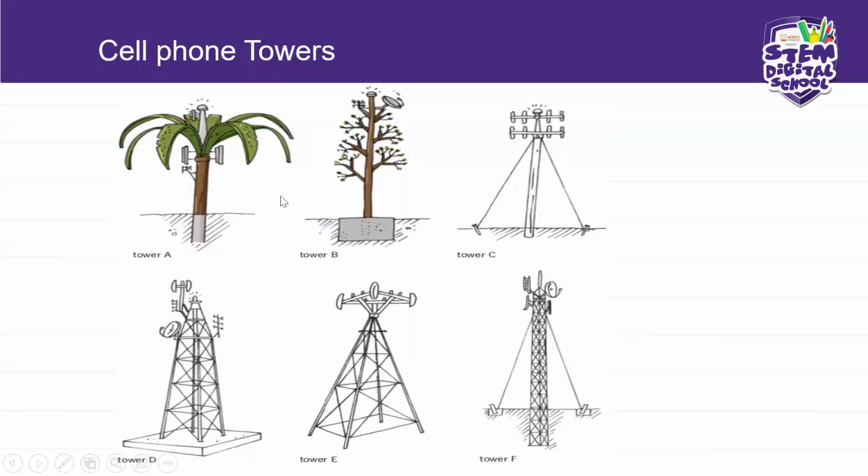Let us look at Tower D. There's Tower D. Tower D has no cables. Instead, Tower D has a slab, a concrete slab. Why is that so? Give your reason.